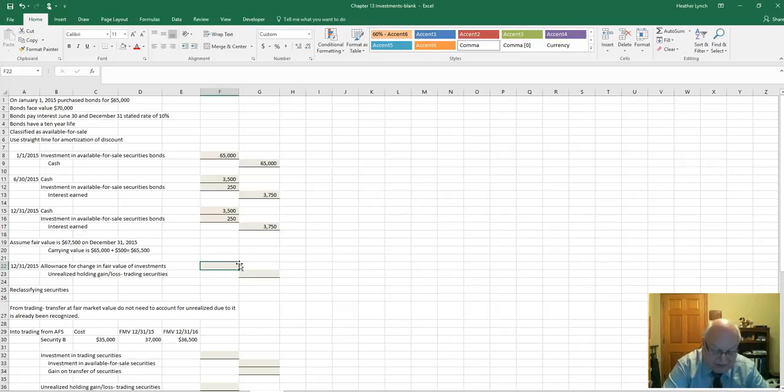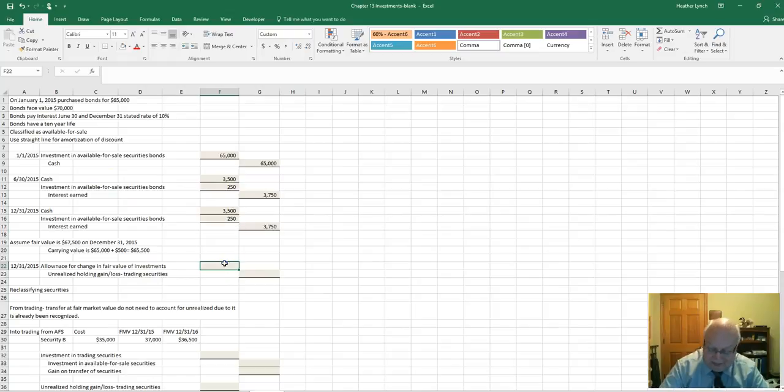Now, on this one it says assume the fair value is $67,500 on December 31st, 2015. And the carrying value now would be $65,500, because we have to add that 250 and 250, so we had the 500 there. So instead of 65,000, we now have 65,500, because remember we increased the investment account.